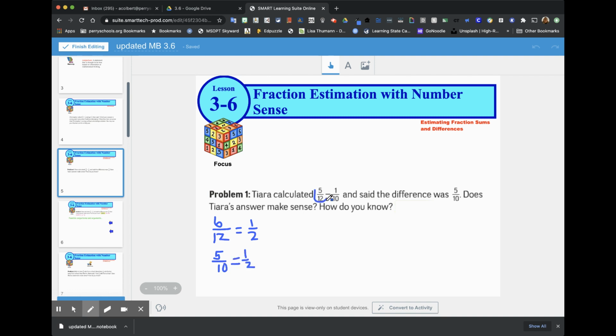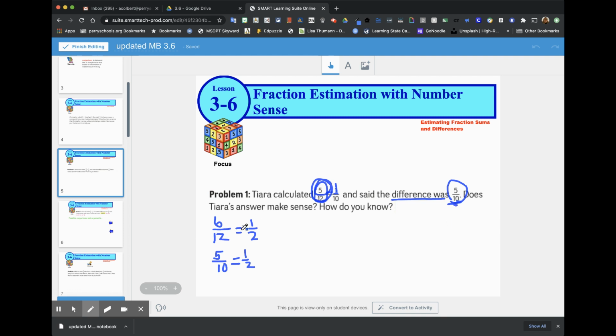When I see 5/12 and I see minus 1/10, it says the difference is 5/10. I'm going to think to myself, and I'm going to wonder, all right, this is almost 1/2. If I subtract 1/10, is my answer going to be 1/2?